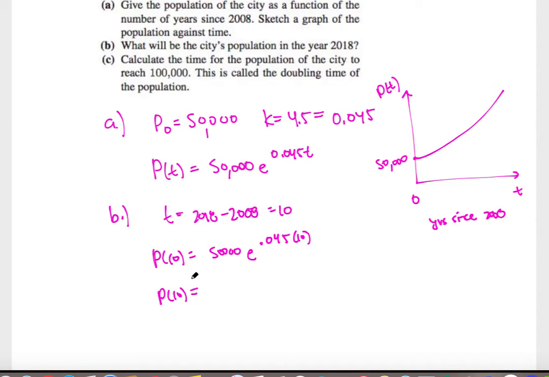So 10 years after 2008, we're going to have a population of 78,415.6. So maybe we'll just round that to 416. So we can have that up here. So this is going to be 10 years later, and this will be 78,416.